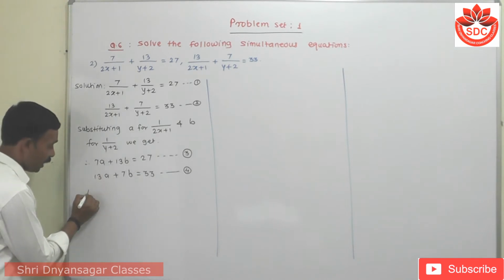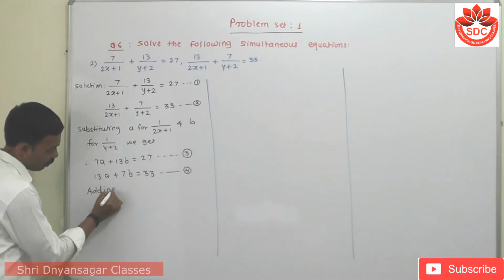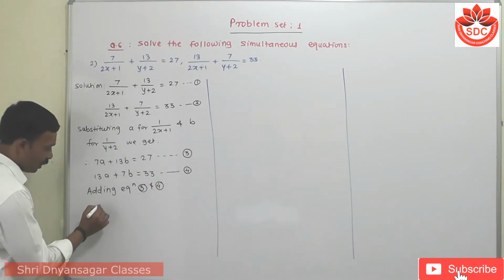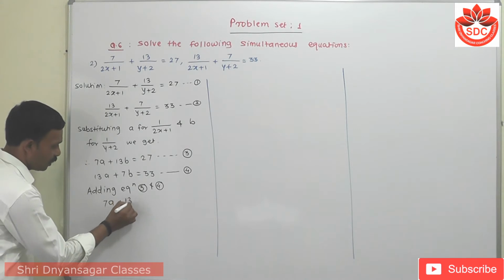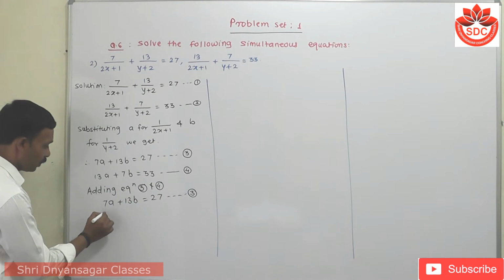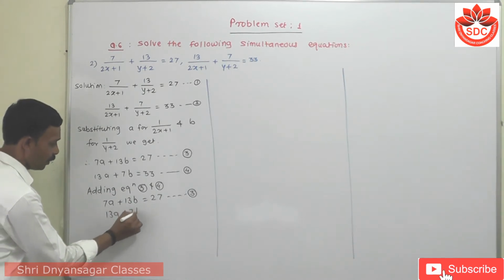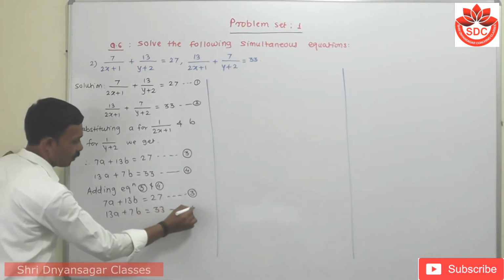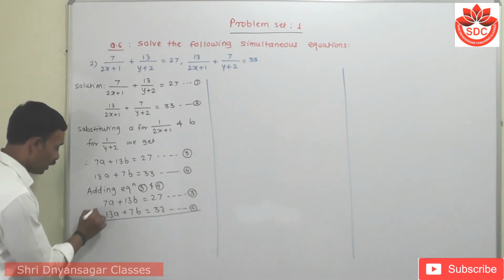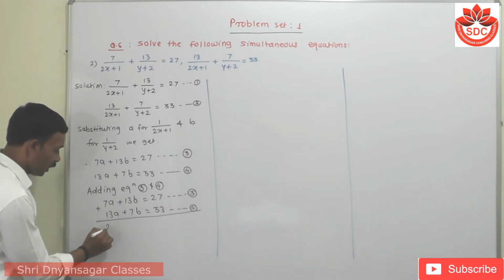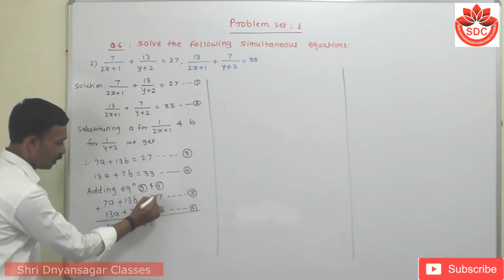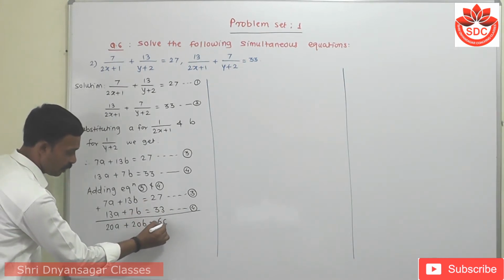Now I have to write here, adding equation third and fourth. Equation third is 7a plus 13b is equal to 27. Then fourth is 13a plus 7b is equal to 33. This is equation number 4. Student, when we add it, there is no change in the sign. So 7 plus 13 becomes 20a plus 20b is equal to 60.